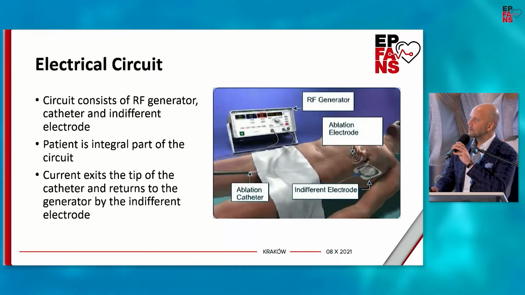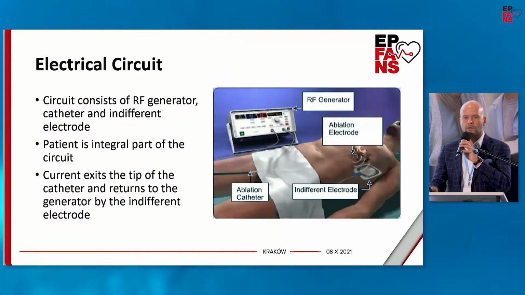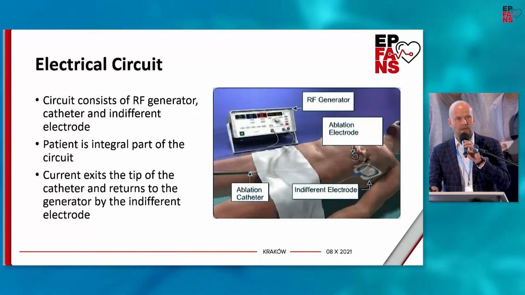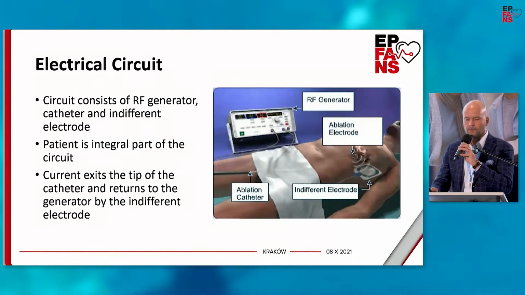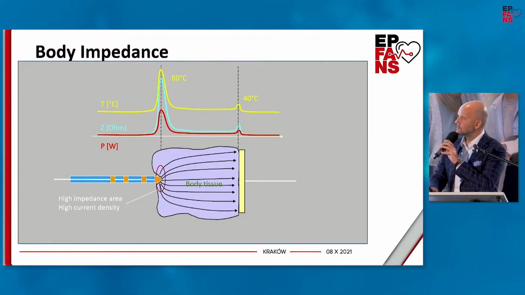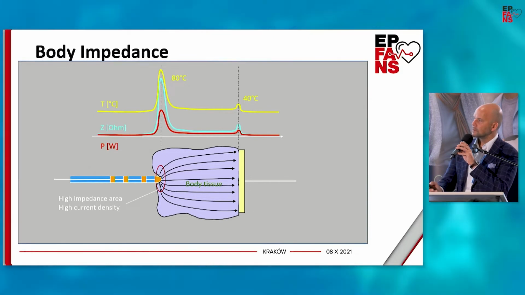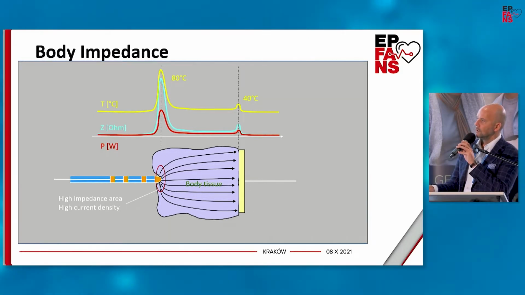The highest current density is under the tip of the ablation catheter. Thanks to this phenomenon, the tissue damage occurs in the region.